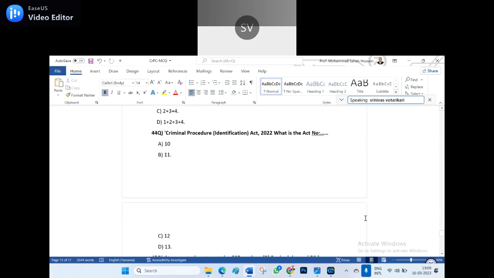Now the 44th question. Yes, Srinivas, you read now. Criminal Procedure Identification Act 2022. What is the act number? A, 10; B, 11; C, 12; D, 13.